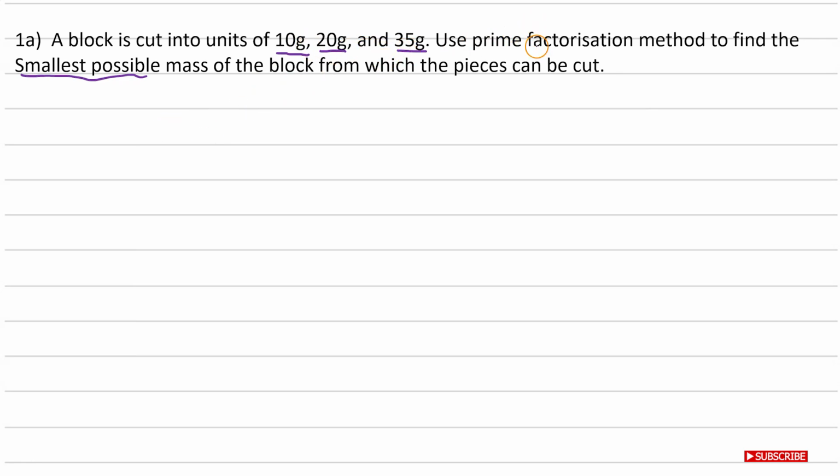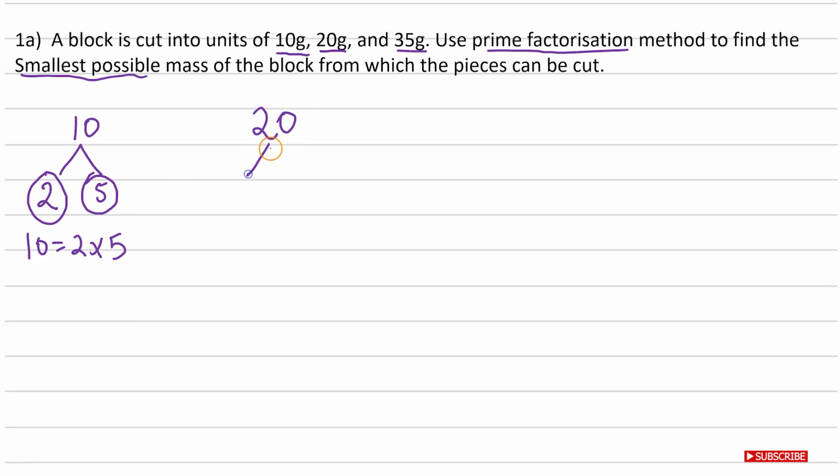We're told to use prime factorization. Let's start with 10. We branch it out: 10 is 2 times 5. These are both prime numbers, so we circle them. So 10 is equal to 2 times 5. Now we go to 20. We branch it out.